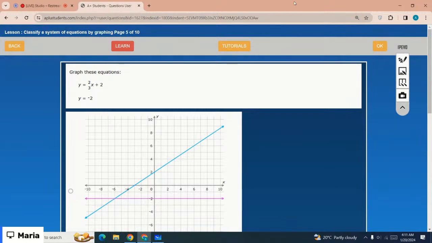Okay, the next one is y equals 2 by 3x plus 2 and y equals negative 2. So which is the correct option?